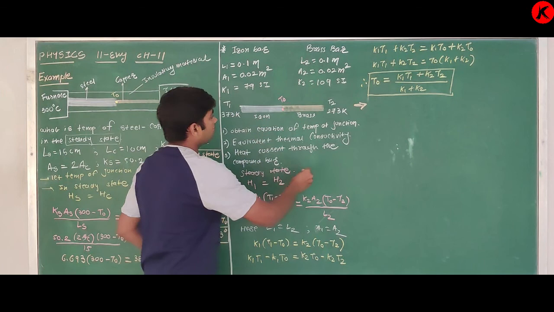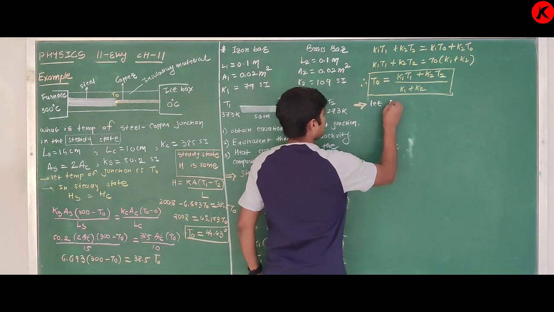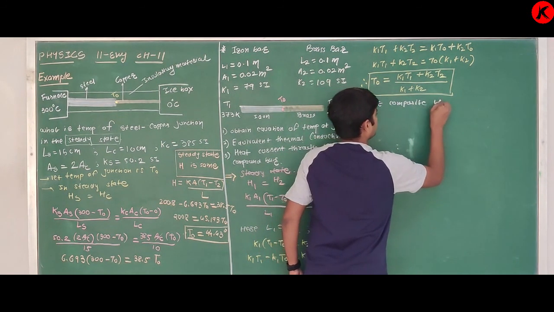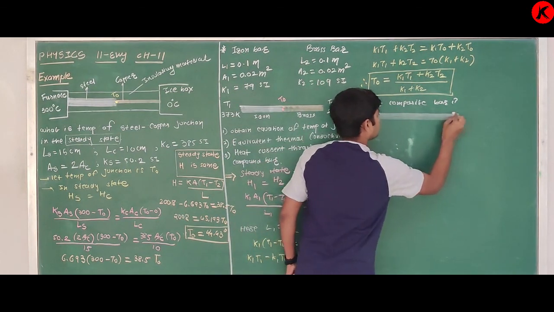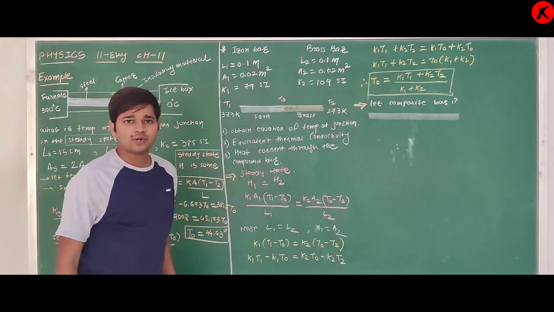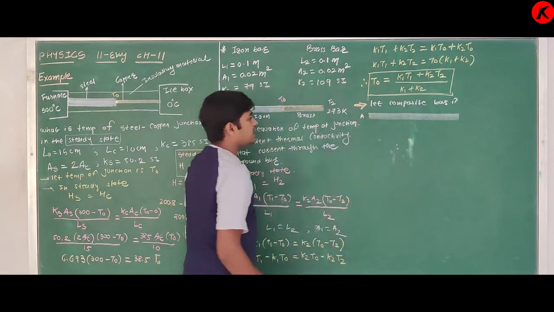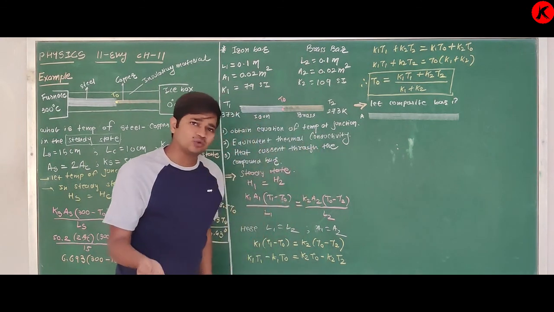If they are equivalent, let the composite bar be like this. It is the composite bar. The cross sectional area is the same, so I can say the cross sectional area is A; you can write A1 or A2, anything.